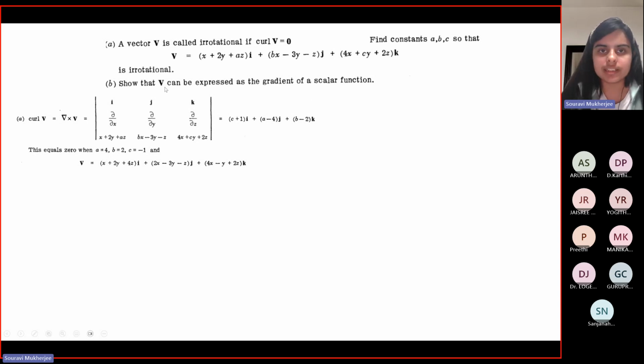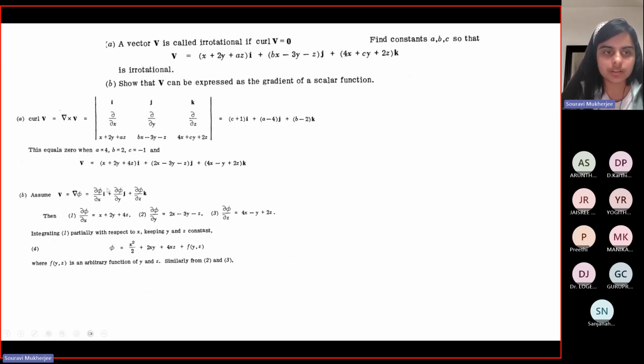It is said that if curl of V is actually zero, you can express V as gradient of some scalar function, right? So now how do we prove it? Consider V to be gradient of some scalar function. Then V becomes del phi del x i cap plus del phi del y j cap plus del phi del z k cap, right?